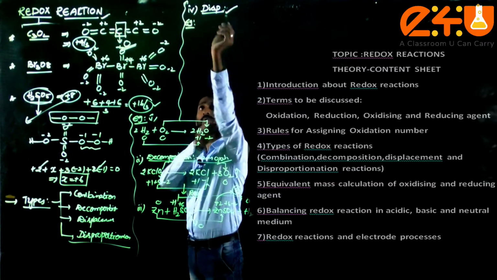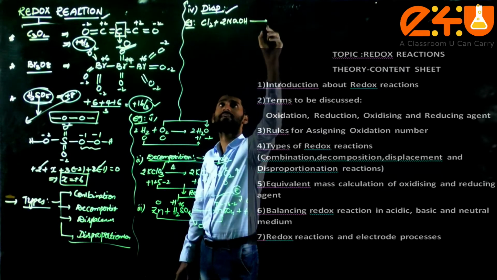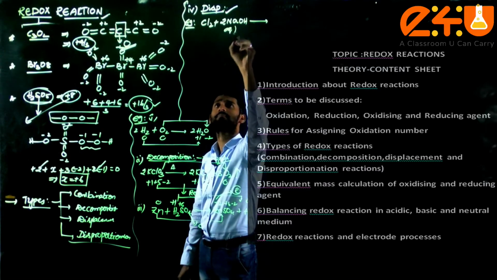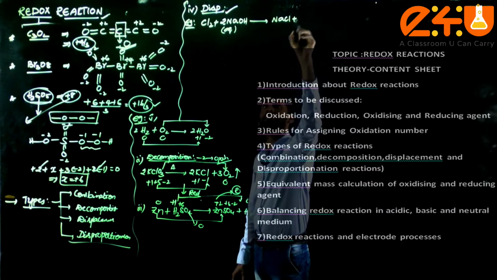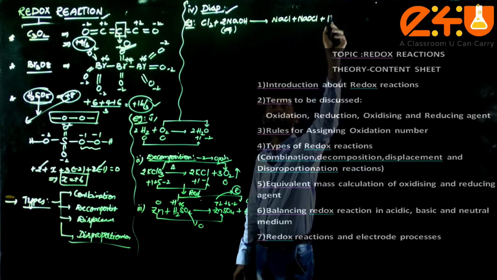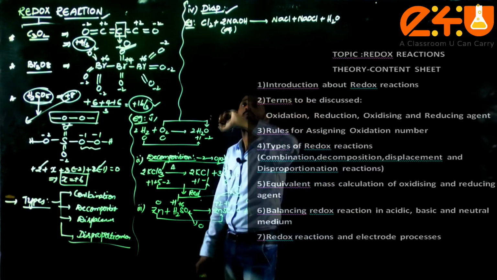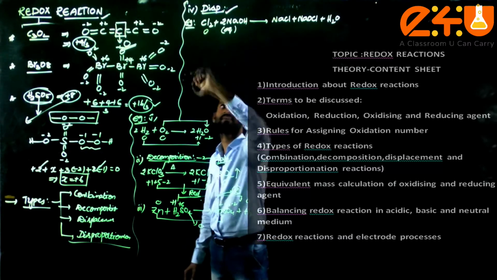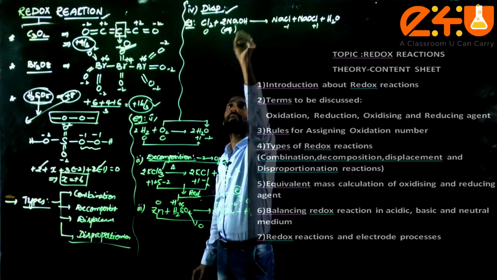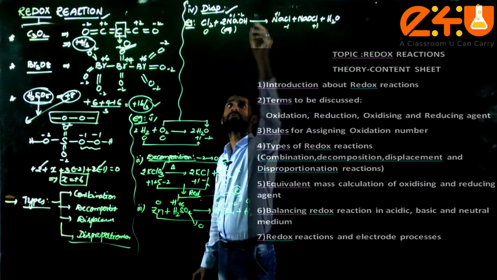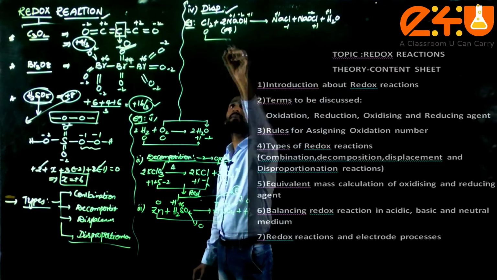Sir, give one example. Yes, Cl2 reacting with hot aqueous sodium hydroxide forms NaCl plus NaOCl plus H2O, sodium chloride and sodium hypochlorite plus water. Calculating oxidation numbers, chlorine is 0, then -1 in NaCl, and in NaOCl the charge is +1. Sodium stays +1, oxygen stays -2, and hydrogen stays +1.